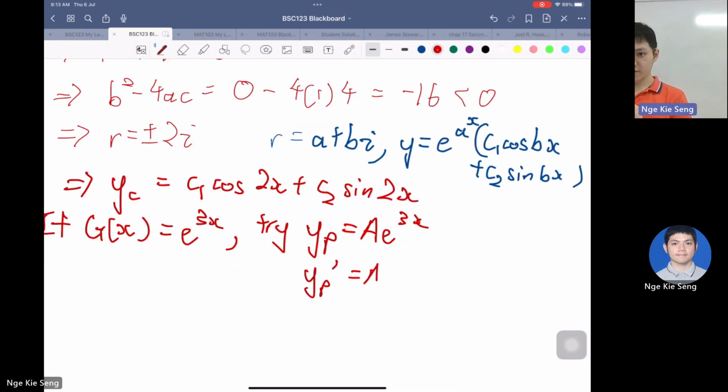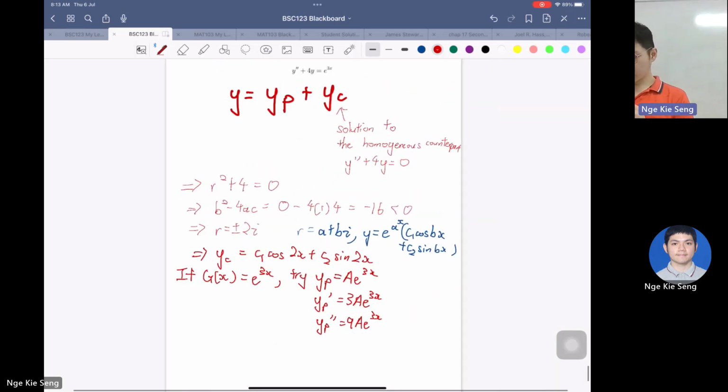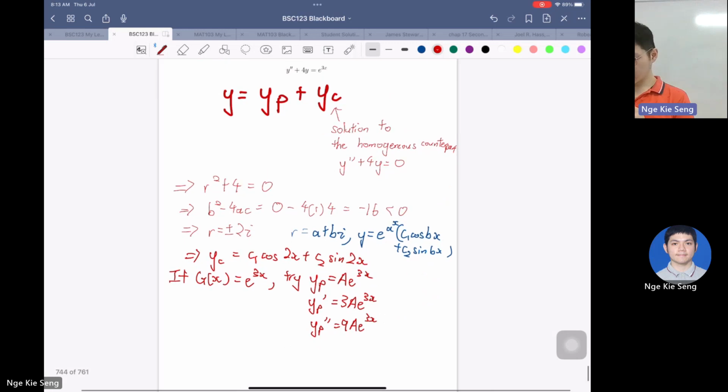So you try y equals a e to the 3x and substitute it into your differential equation and solve. The equation becomes 9a e to the 3x plus 4 times a e to the 3x equals e to the 3x.